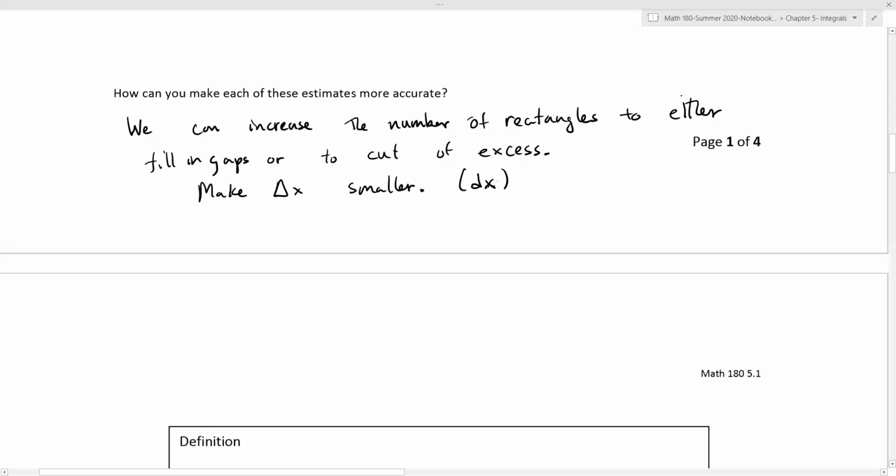Delta x is the change in x, which also ends up getting called dx. That's interesting, because there's a connection here to the derivative. As we make delta x smaller, we get this dx piece, getting smaller and smaller subintervals until we get an entirely accurate picture of this area. We'll get into a bit more when we hit 5.2.